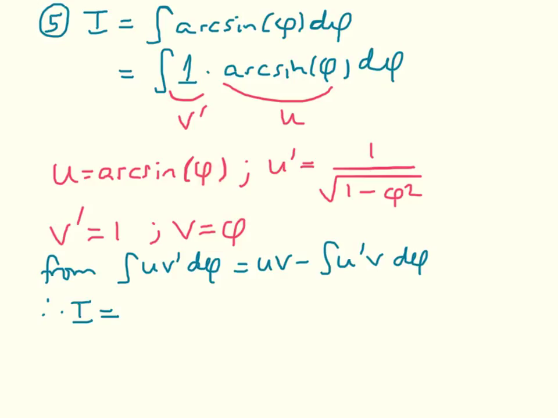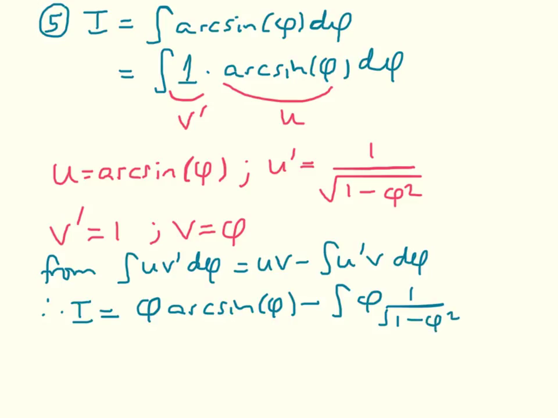I'll put the phi in front, so it's phi arc sine of phi minus the integral of phi times, and now it's the derivative of arc sine, which is this, so that's 1 over the square root of 1 minus phi squared, with respect to phi.